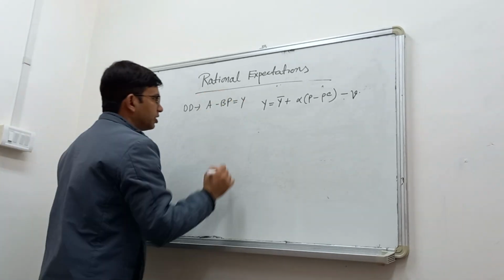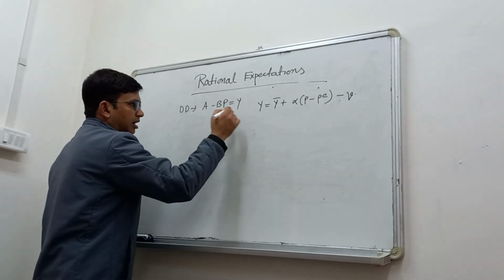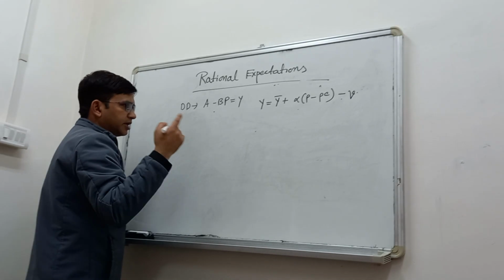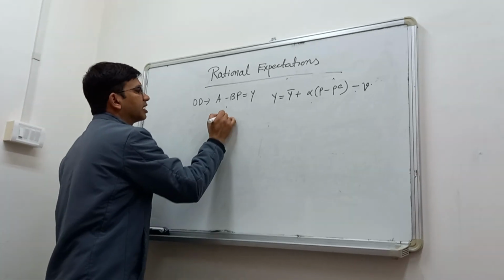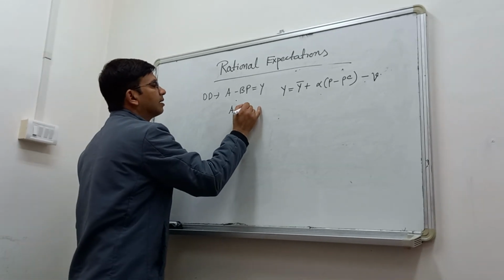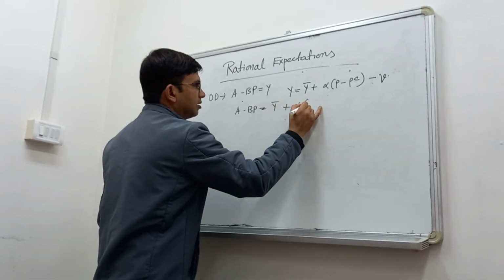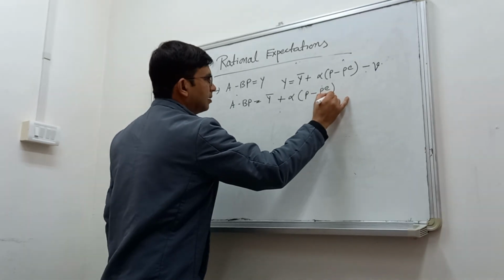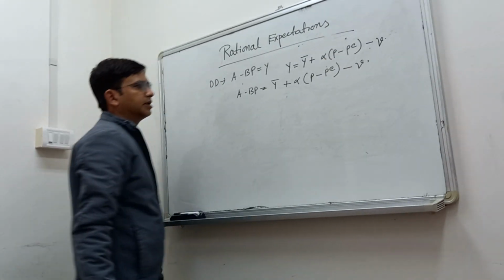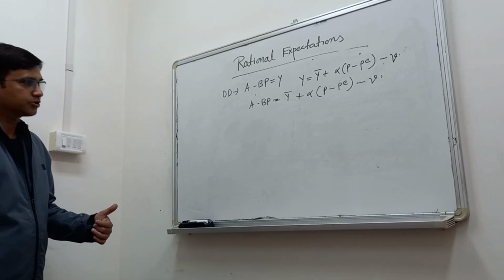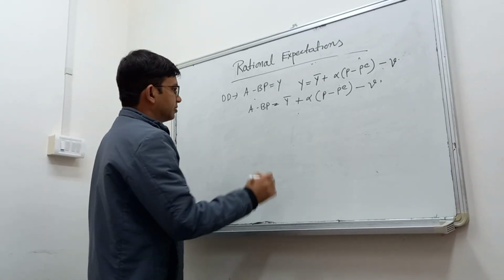Now if we set demand equal to supply, the equilibrium condition will be given as minus b. So first we will solve for the value of P from here.